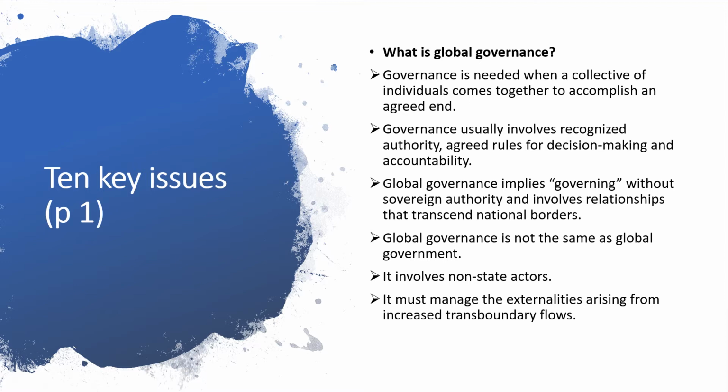So, for instance, the global financial crisis of 2008 would be an example of an externality that required global governance to adapt to that. When we talk about global governance in general, you can think of things like the Sustainable Development Goals.